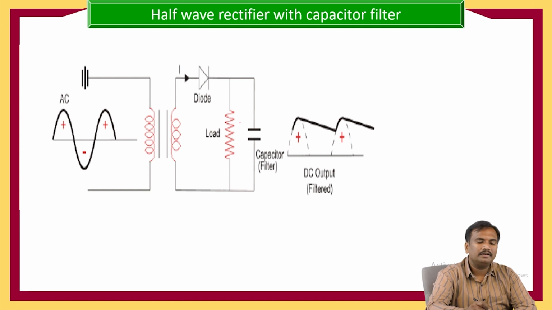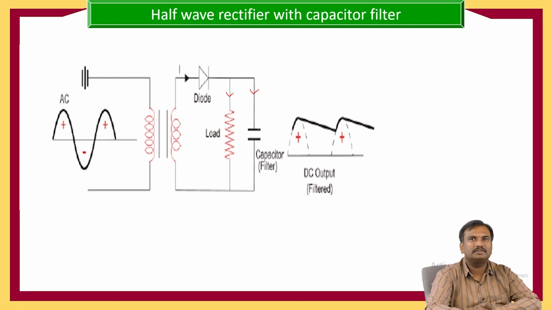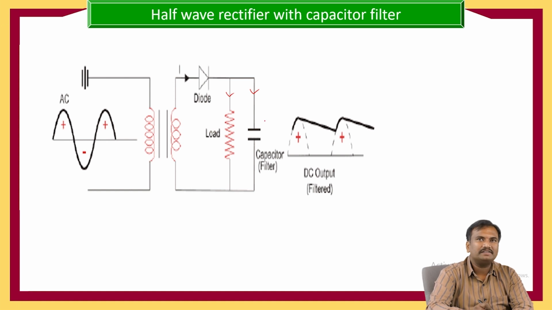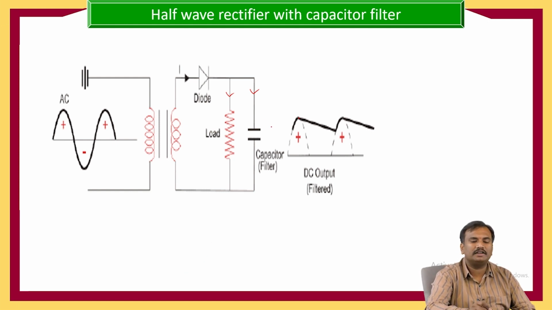During this period, once the diode is conducting, the current flows through the diode and capacitor. Here the capacitor is going to charge the voltage. Once the capacitor is charged, after reaching the maximum value, even though the input voltage is reducing to 0, the output voltage is not becoming 0, because across the load a capacitor is connected.